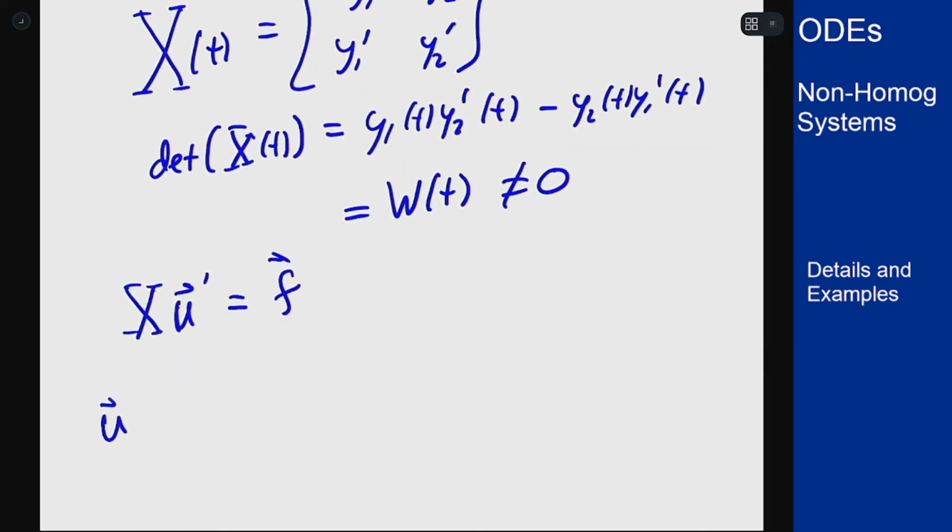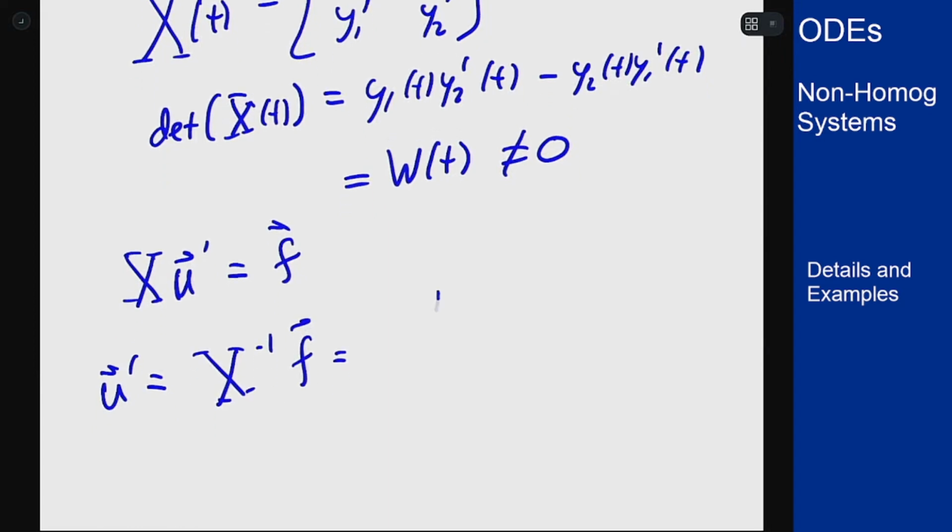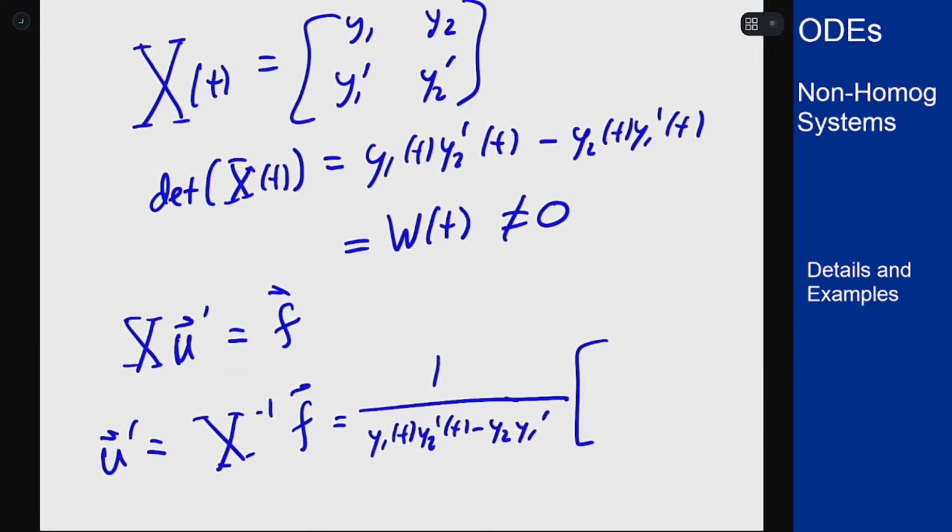So u' should be X inverse times f, which in our case will look like 1 over the determinant times this matrix, which comes from the inverse: we swap the on-diagonal entries and negate the off-diagonal entries, times f, and f here is (0, g(t)), because that's how this non-homogeneous part came into the solution.